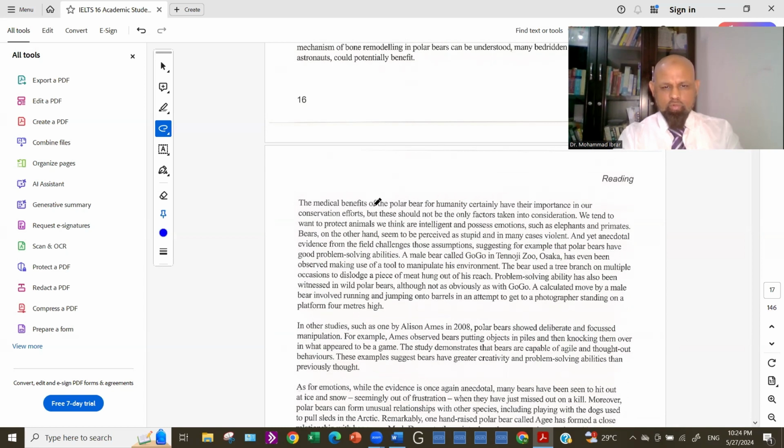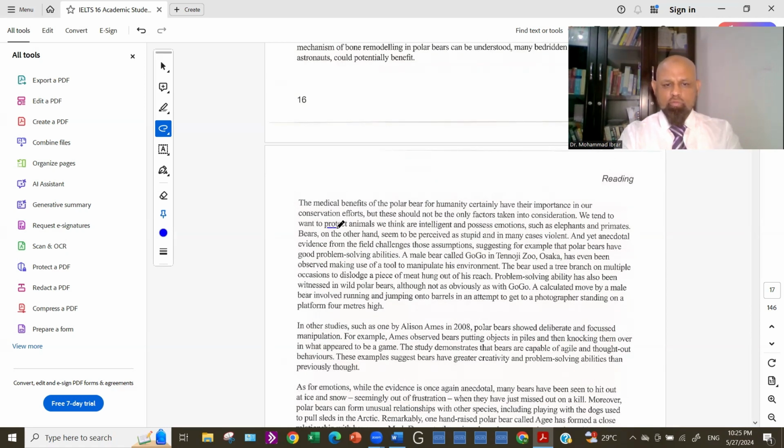The medical benefits. We need to remember we need to find something about reasons why we should protect polar bears. The medical benefits of the polar bear for humanity certainly have importance in our conservation effort. This should not be the only factor.